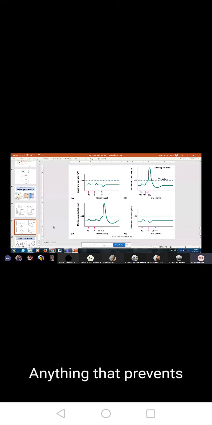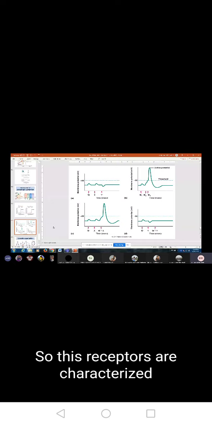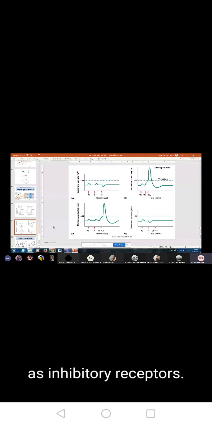They are preventing generation of action potential. Anything that prevents generation of action potential is called an inhibitor. So these receptors, the receptors that activate chloride channels, are characterized as inhibitory receptors. Any questions?